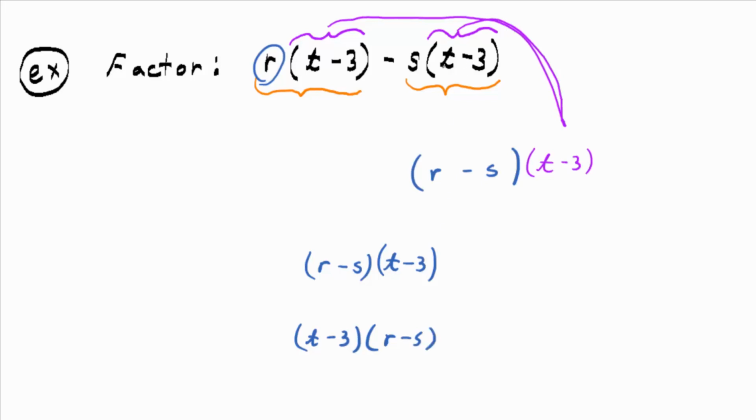So in other words, we could have factored out the t minus 3 on the left side instead. Either answer works. Now that is half of factoring by grouping. That example we just looked at is half of factoring by grouping. Does everybody see it's just the distribution property? In the reverse from what you're used to, but it really is just the distribution property. Yeah? When you pull out that t minus 3? Okay. So you're undistributing.